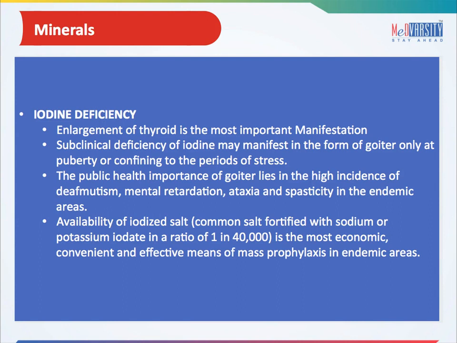Availability of iodized salt, common salt fortified with sodium or potassium iodate in a ratio of 1 in 40,000, is the most economic, convenient, and effective means of mass prophylaxis in endemic areas.